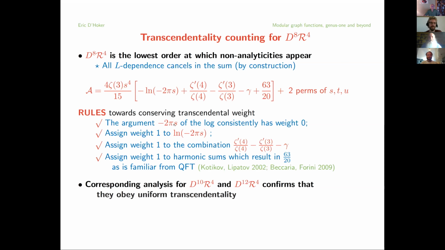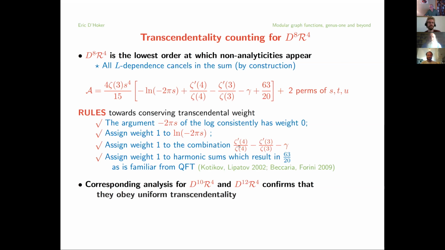So now you can assign the same transcendentality weights that you did for tree level. S you assign -1, pi you assign 1, that's consistent. You assign to a log of a rational number, in some sense something of weight 0, the weight 1, so that's fine.